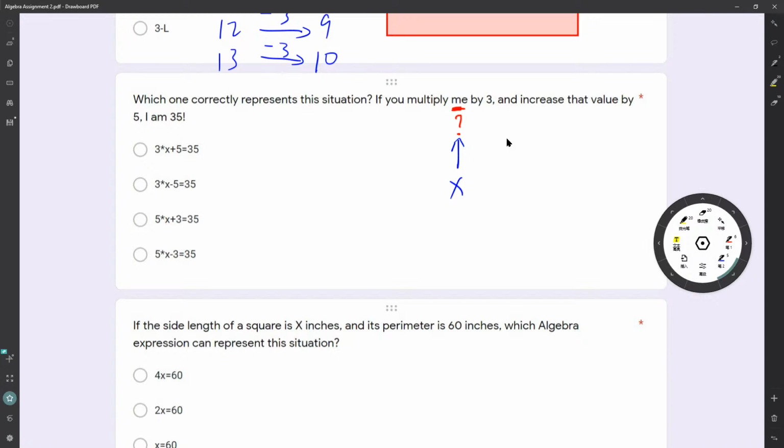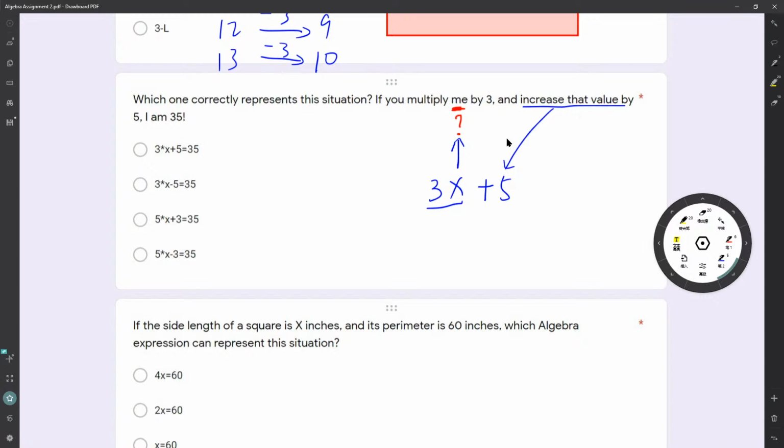You multiply x by 3. It's going to become 3x, right? Increase that value by 5. That means you add 5 to the result of 3x. And I am 35.